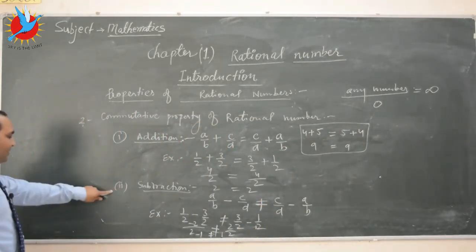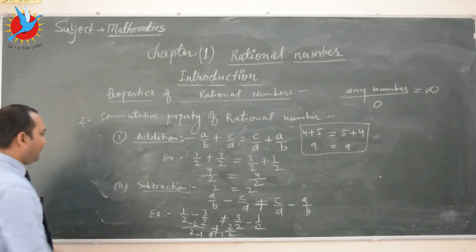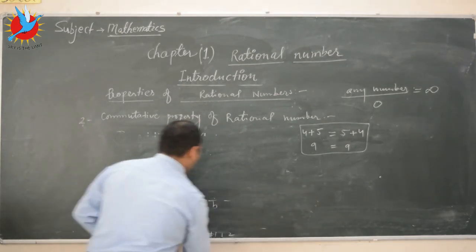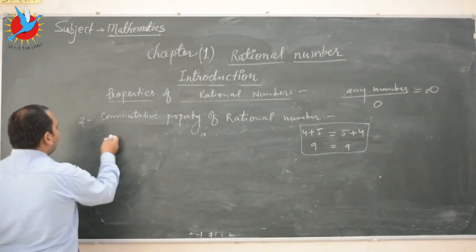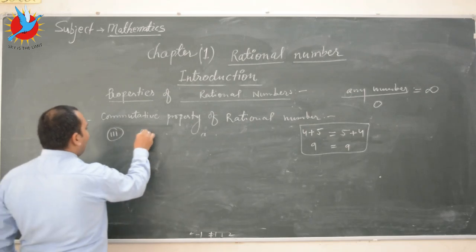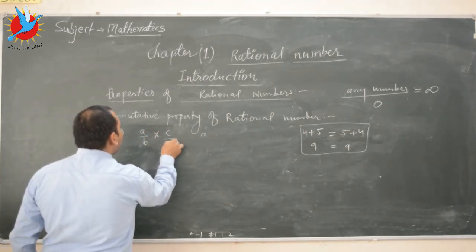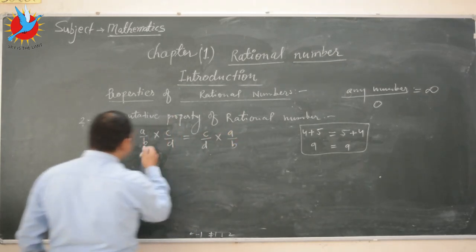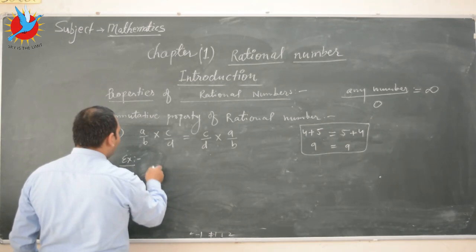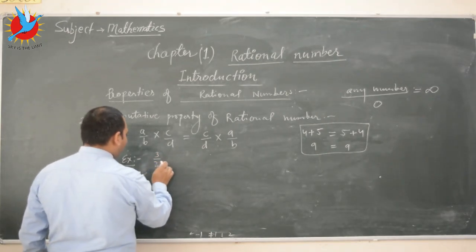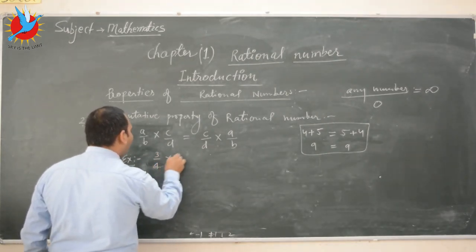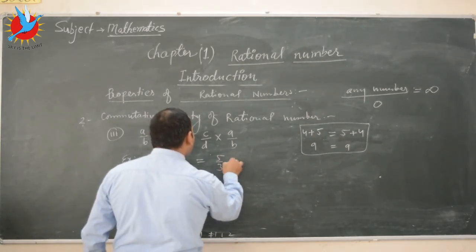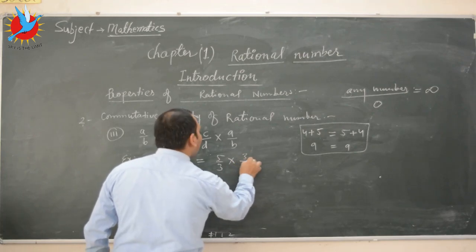Next, we check multiplication and division. The commutative property holds for multiplication. a upon b into c upon d is equal to c upon d into a upon b. We take an example: 3 upon 4 into 5 upon 3 is equal to 5 upon 3 into 3 upon 4.